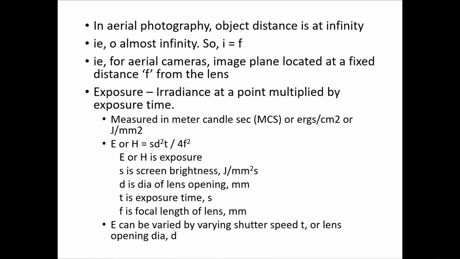Coming back to exposure, the larger the diameter of the lens opening, the larger the D, and looking at the expression, the more light is coming in. So for low light, you will use a camera with a small f-stop. Smaller diameter means a larger f-stop, so you will have a greater depth of field.